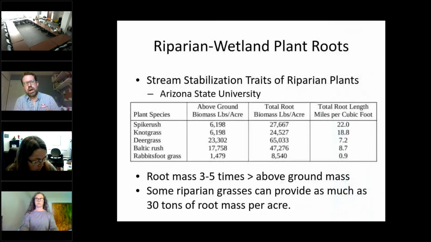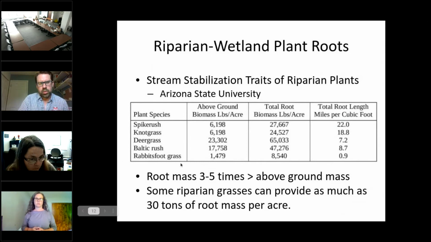There was some research done a while back with Arizona State University. They specifically looked at riparian and wetland plants, those that grow in wetter areas and along the banks of streams, to look at their traits for stream stabilization. Most of these really aren't available in our area, but the point is that these wetland plants grew about 3 to 5 times the amount of root biomass compared to their above ground biomass.